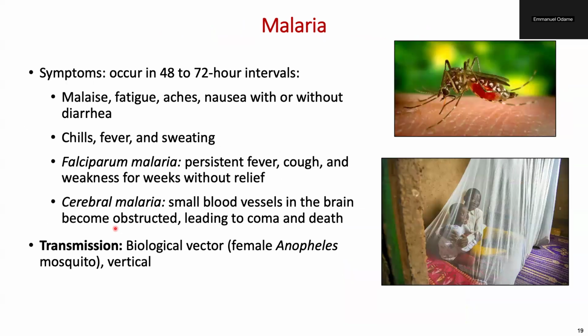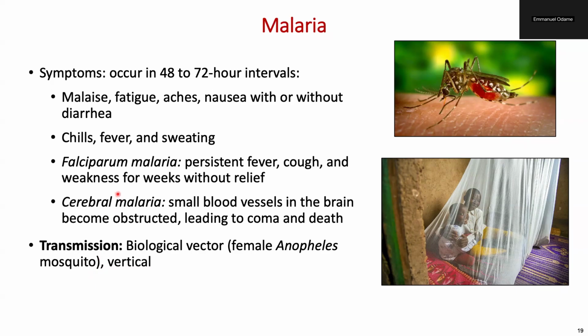Next on our list is the most common one, which is malaria. Symptoms occur within 48 to 72 hour intervals once you get exposed. What you experience is malaise, fatigue, aches, nausea with or without diarrhea. You have chills, fever, and sweating.